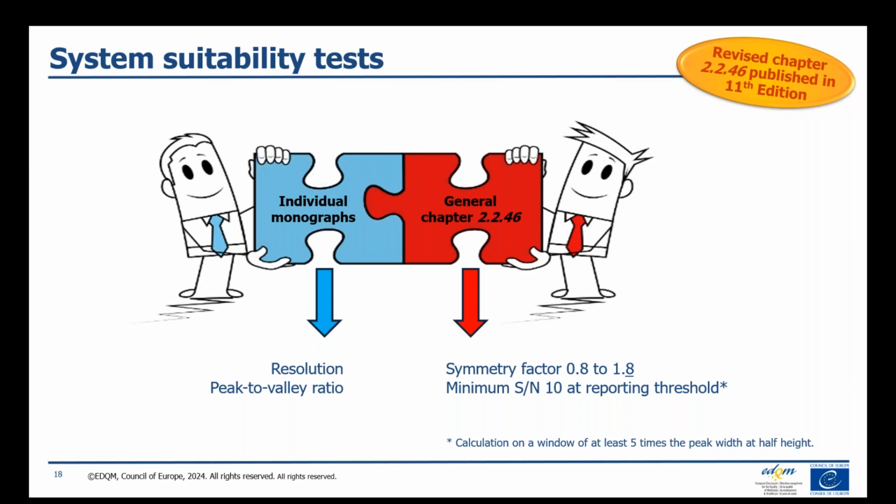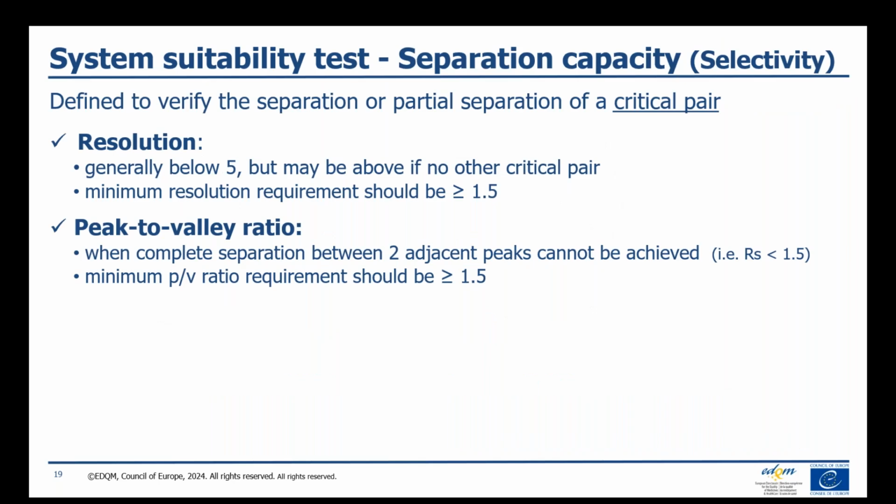As I say, in the individual monograph, most of the time you can see that we prescribe a resolution or peak-to-valley ratio. It's really to check the selectivity of the method. So we try to define the critical pair in this chromatographic system. When the two peaks are well separated, we prescribe a resolution.